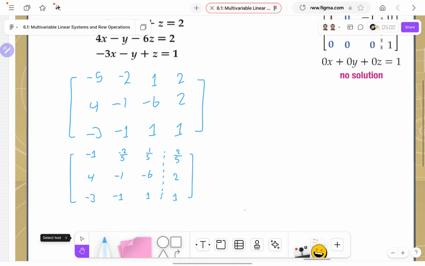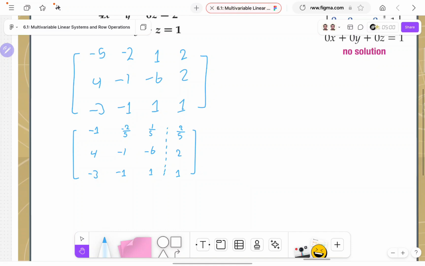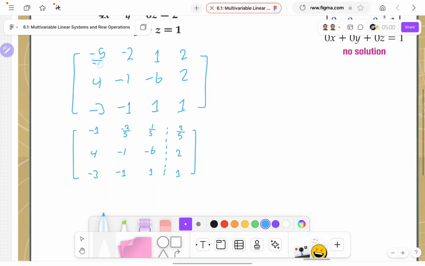Now, as you can see, the first value is still -1, so it's not +1. If I need to make it +1, I need to divide not by 5, but by -5 for everything. So I divide by -5, divide by -5, divide by -5, divide by -5, not only 5.